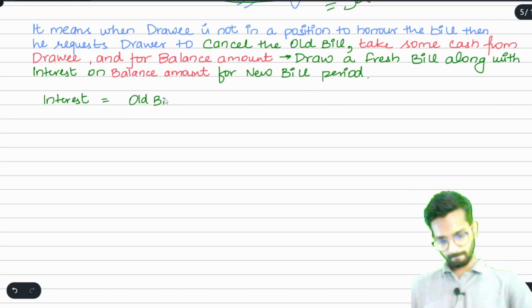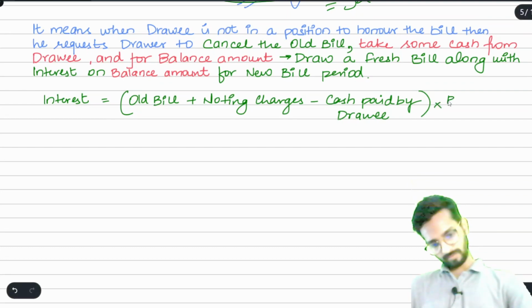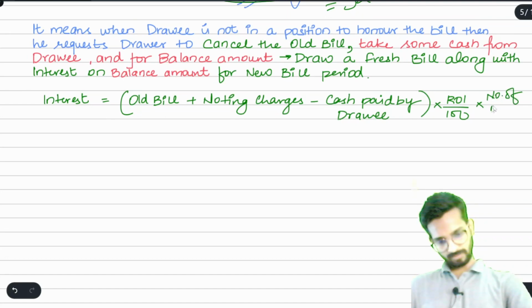Old bill plus noting charges if any, minus cash paid by drawee, multiplied by rate of interest divided by 100, multiplied by number of months divided by 12.